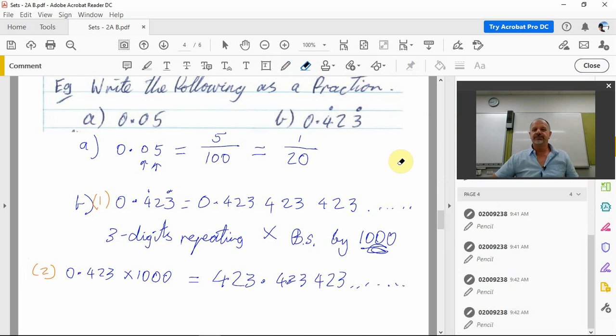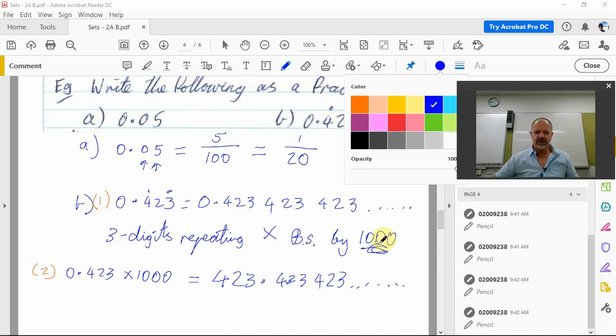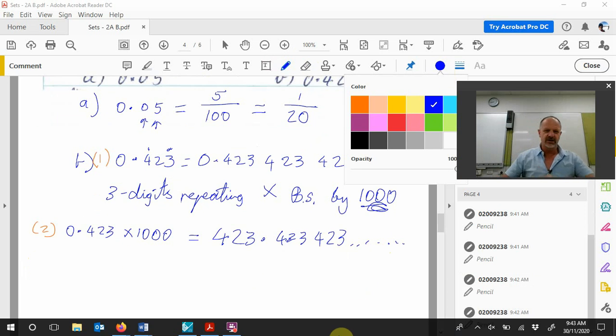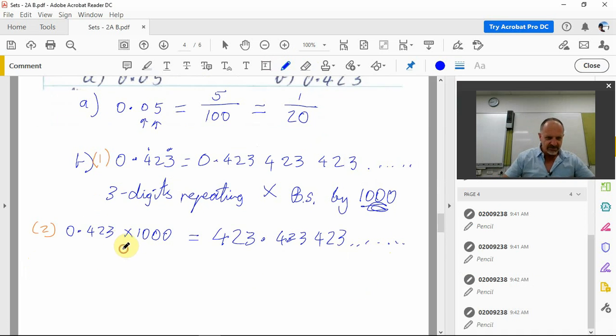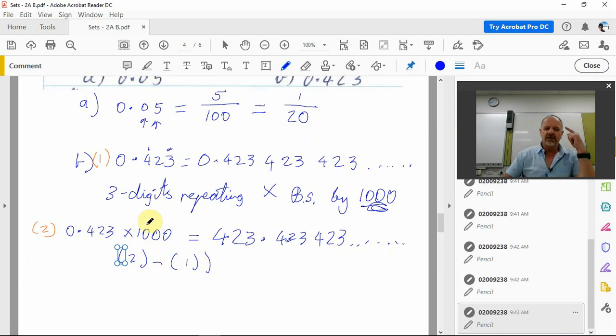All right, then if I take equation number 2 and subtract equation number 1 from it, on the left-hand sides, here I've got 1,000 lots of 0.423 repeating, and I forgot my repetition dots. Here we've got 1 lot of that.